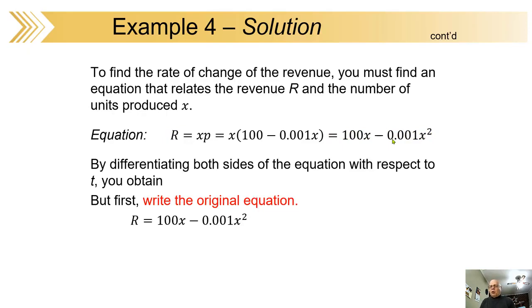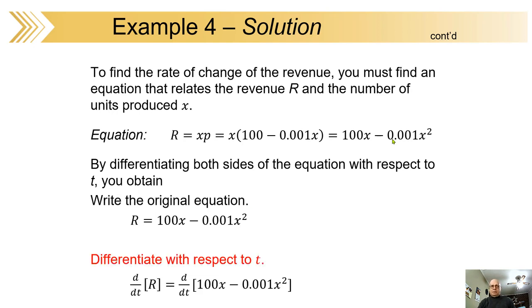You're going to write that original equation down. You're going to differentiate it with respect to time. Remember, time is going by. How are things changing? How is the revenue changing? That's going to be this one. And this has to do with the demand.